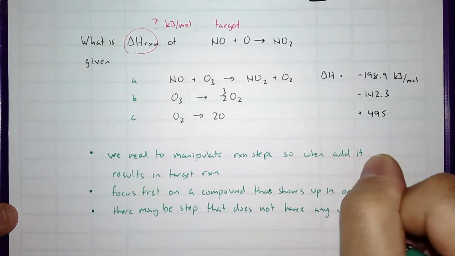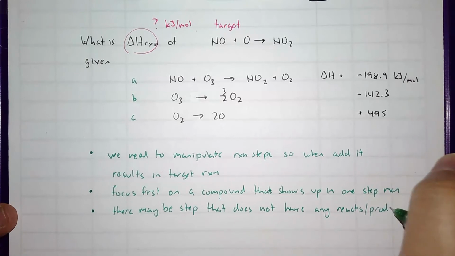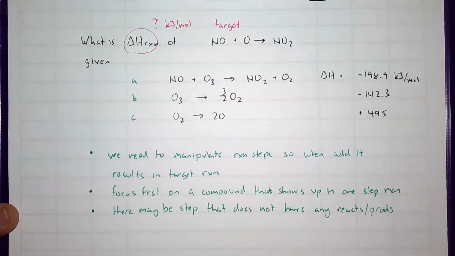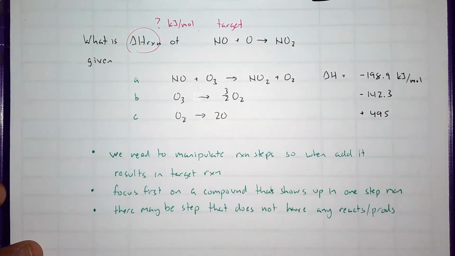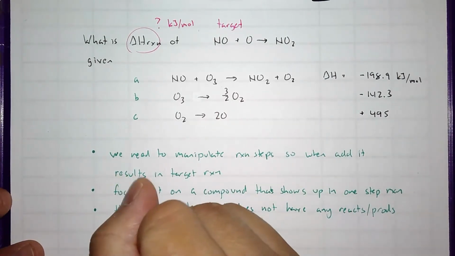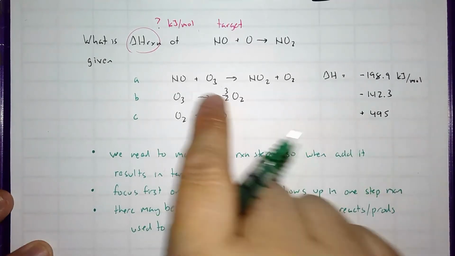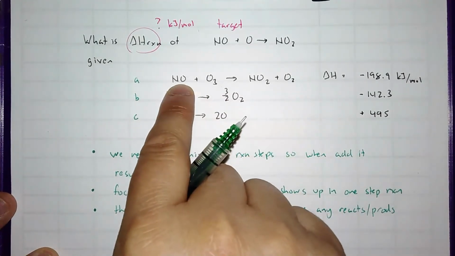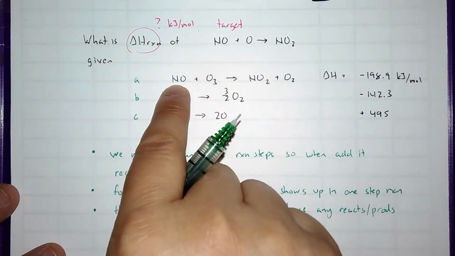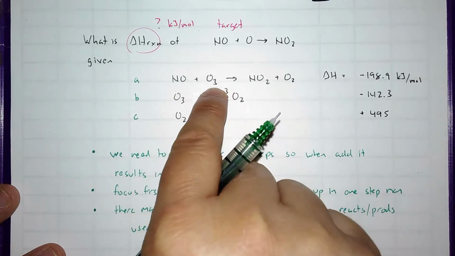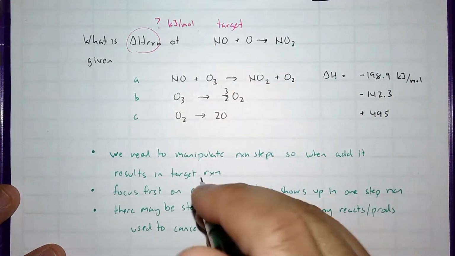That reaction is used to cancel out any unwanted chemicals, any unwanted compounds. For instance, this equation here has an NO. We have an NO as a reactant, but equation A also has O3. O3 is not seen anywhere in the target, so O3 has to be canceled out at some point.